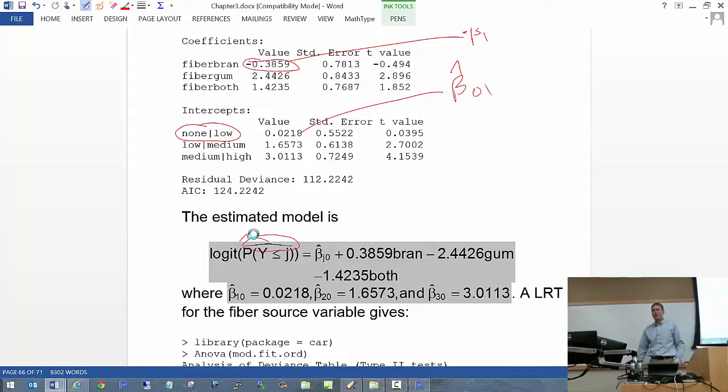So we'll put a little hat on the capital P. Again, notice how I write out my model, so I can just write it out essentially in one line. Well, I guess two lines, but you get the point. I simply put beta hat j0 in the model statement itself, and then I write out right after it where beta hat 10 is, beta hat 20 is, and beta hat 30 is.